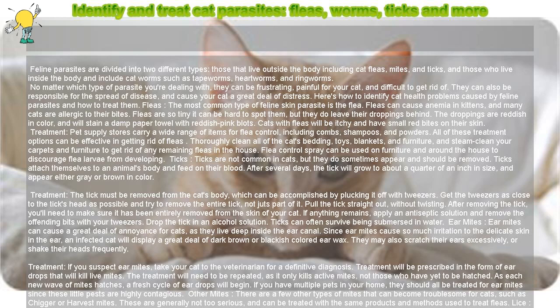Thoroughly clean all of the cat's bedding, toys, blankets, and furniture, and steam clean your carpets and furniture to get rid of any remaining fleas in the house. Flea control spray can be used on furniture and around the house to discourage flea larvae from developing.